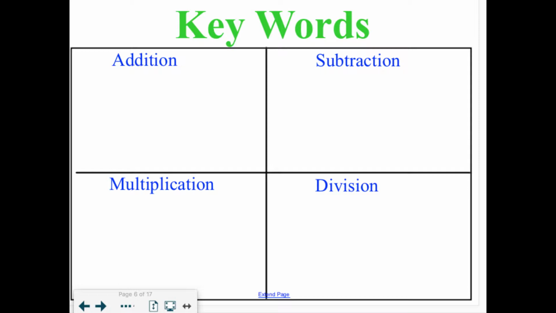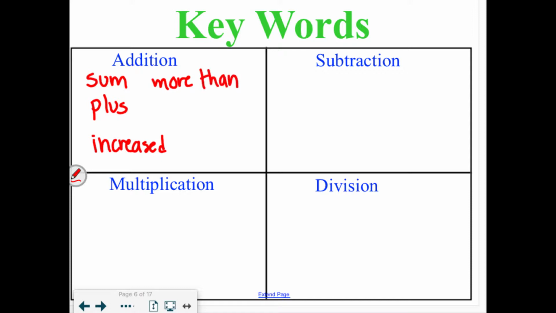A few things that we want to review before we talk about expressions and how we write them is some key words that you could find in a word problem. So for example, for addition, some words that you're going to look for might be sum, plus, increase, more than, or total.